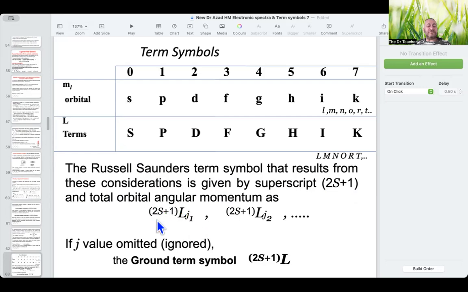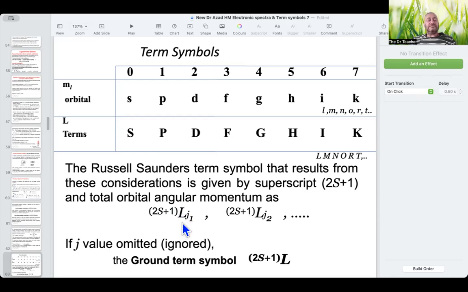So now you are prescribing the L, the total, which is the orbital. Which orbital is it? Is it S? You put it instead of the L. Is it P? Is it D or F?